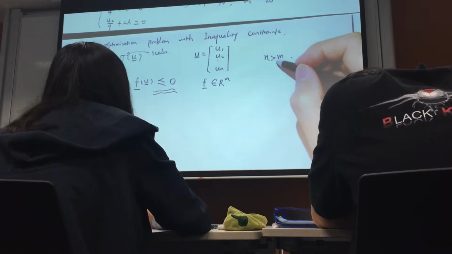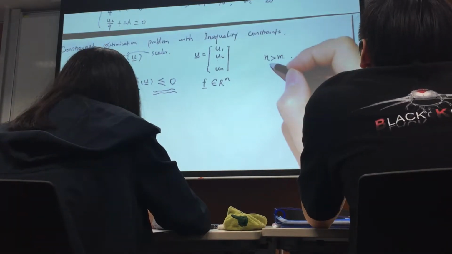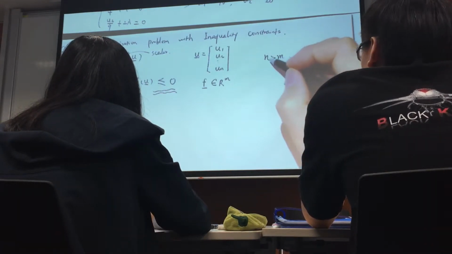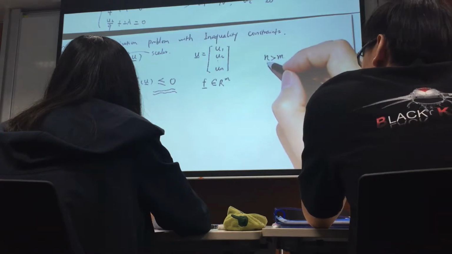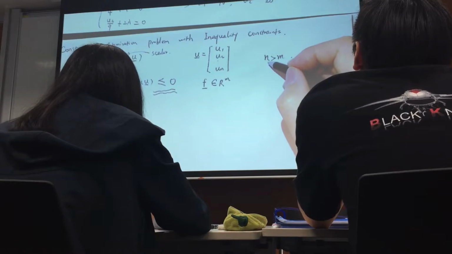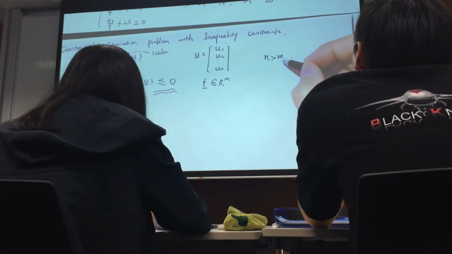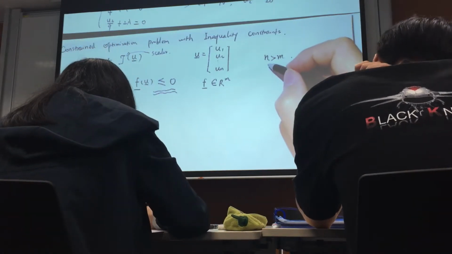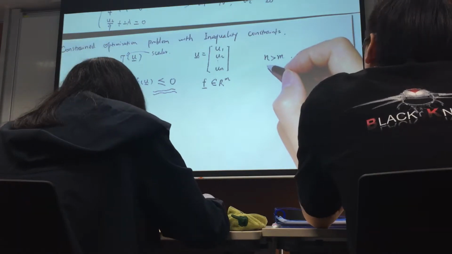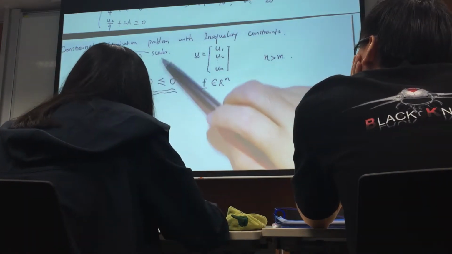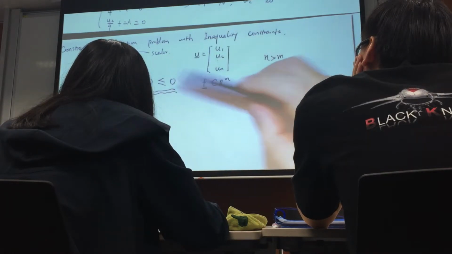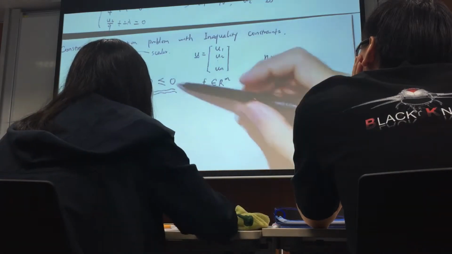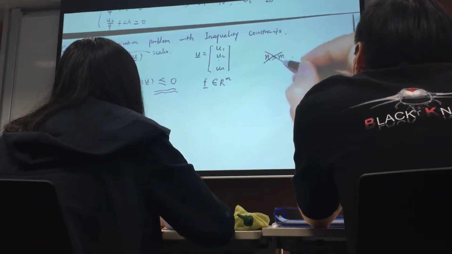That's because if we have more m than n, then these equations already decide your control input. For example, if you only have 2 control inputs and you have 2 equality equations, from the 2 equations you are already able to decide the 2 control inputs. There's no need to optimize the function. So in order for the problem to be well defined, you need n to be greater than m. However, in the inequality constraint, we don't need this condition.